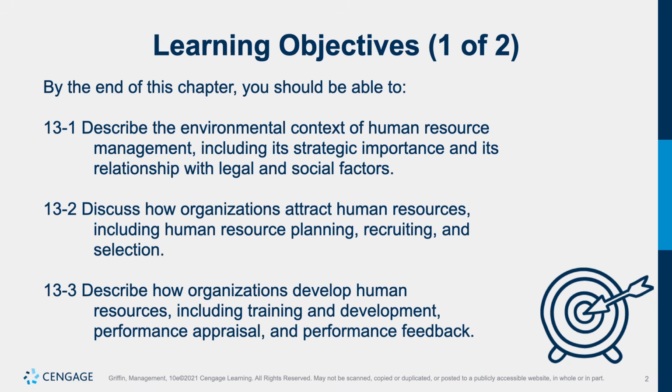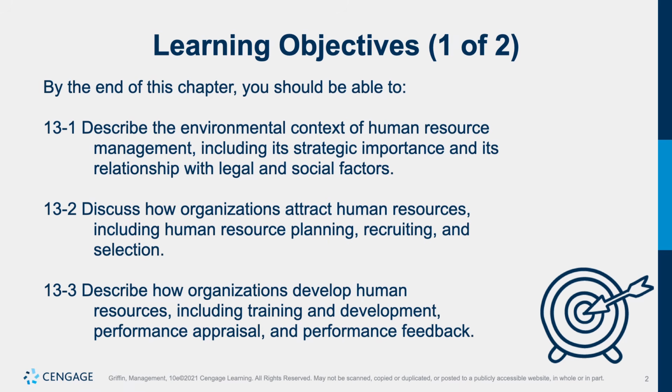The learning objectives of this chapter include an understanding of the environmental context of human resource management, and the strategic importance and relationship human resource management in organizations has with legal and social factors of the general environment.